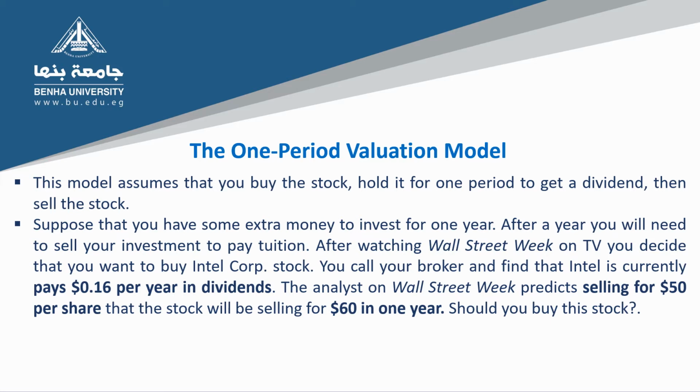You call your broker and find that Intel currently pays $0.16 per year in dividends. The analyst on Wall Street Week predicts that the stock will be selling for $60 in 1 year.